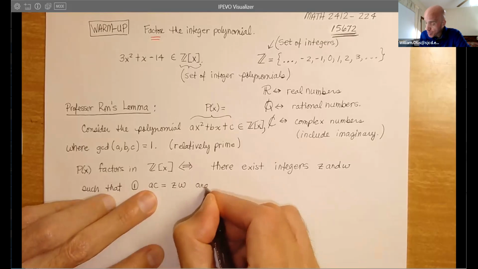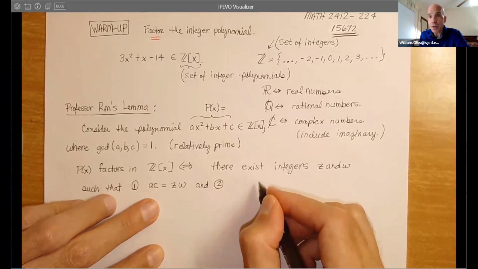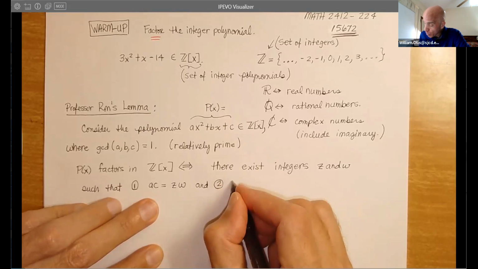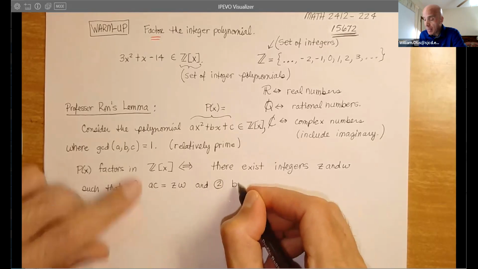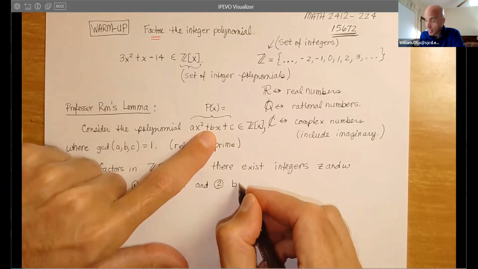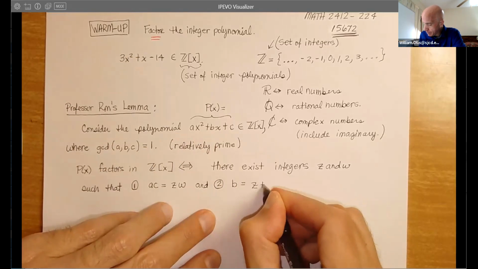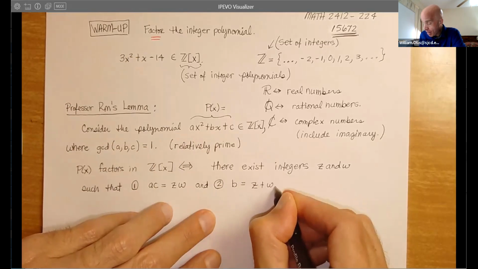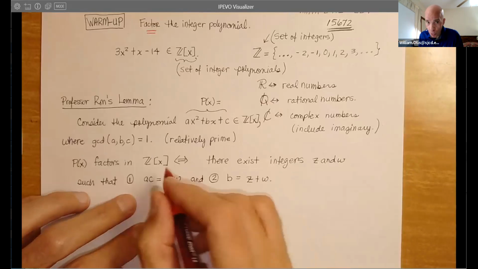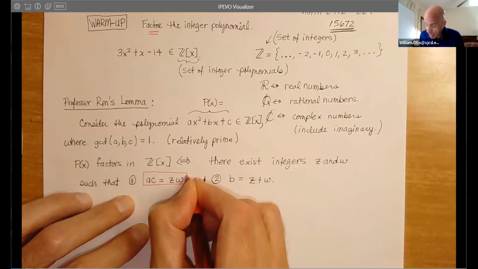And this is the number theoretic part that we must hold if the integer polynomial factors. In this particular case, the B, that is the coefficient of X, or the linear term, must be the sum of Z and W. Now, what I want you to do is just take your red pen and put a box around these two.